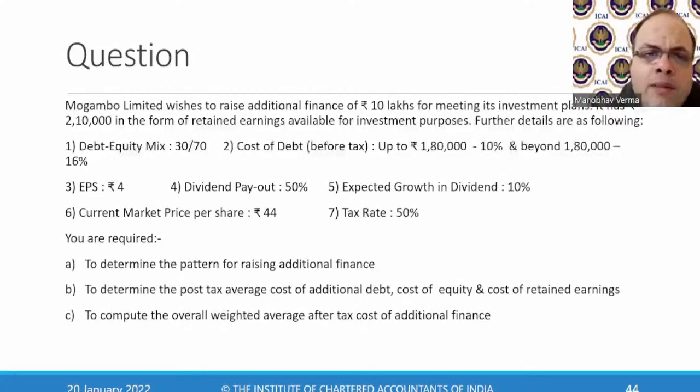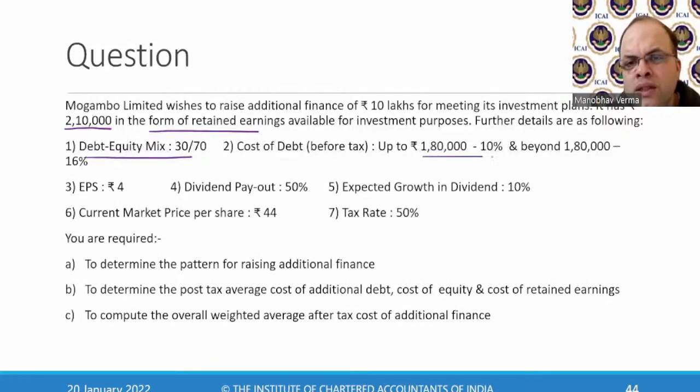Mogambo Limited wishes to raise additional finance of 10 lakhs for meeting its investment plans. It has rupees 2,10,000 in the form of retained earnings available. So you have 2,10,000 available in the form of retained earnings, and you have a debt equity mix of 30-70. Cost of debt: till 1,80,000 it is 10%.